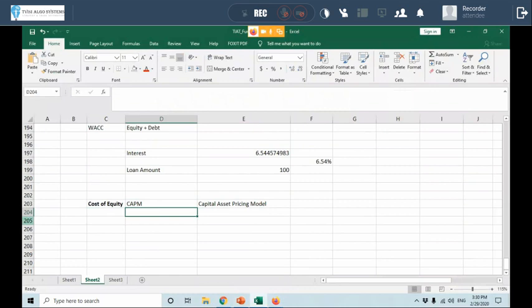But with government, will they default? No. So what capital asset pricing model says, the minimum expectation from an investor would be at least the risk-free rate. Right? This is the minimum amount you will need.